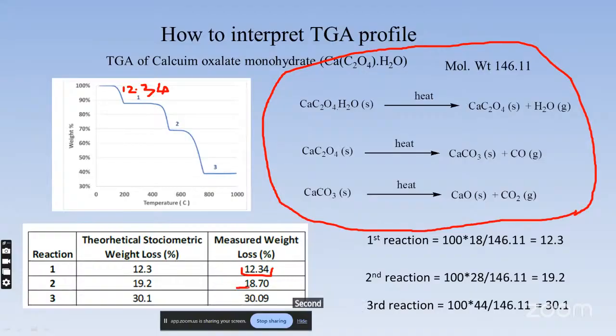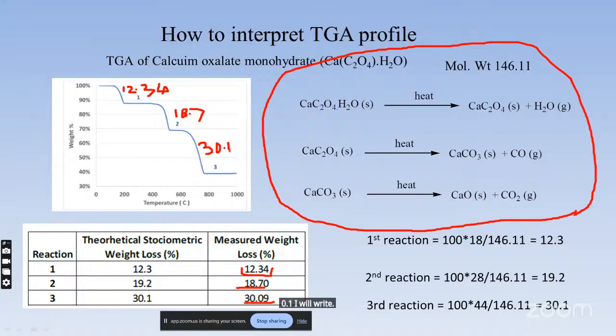Second weight loss is 18.7. We will assign these, and then I will tell you. And the third weight loss is 30%, or you can write 30.1 more simply.